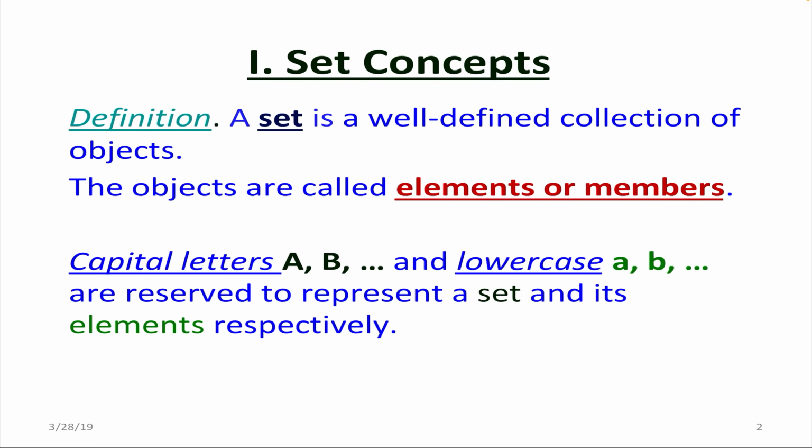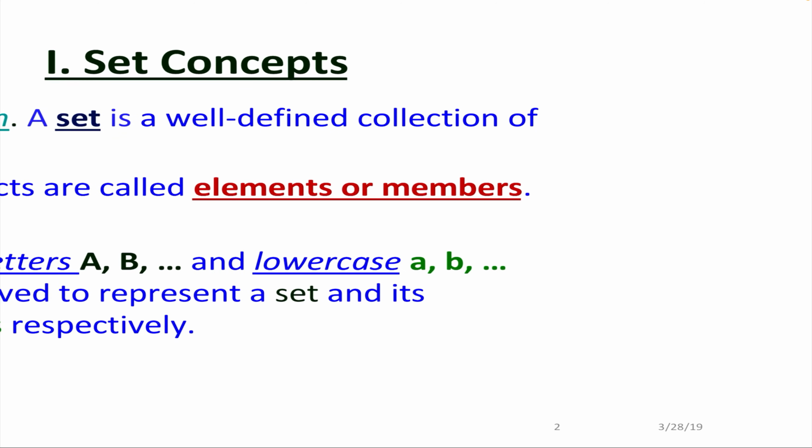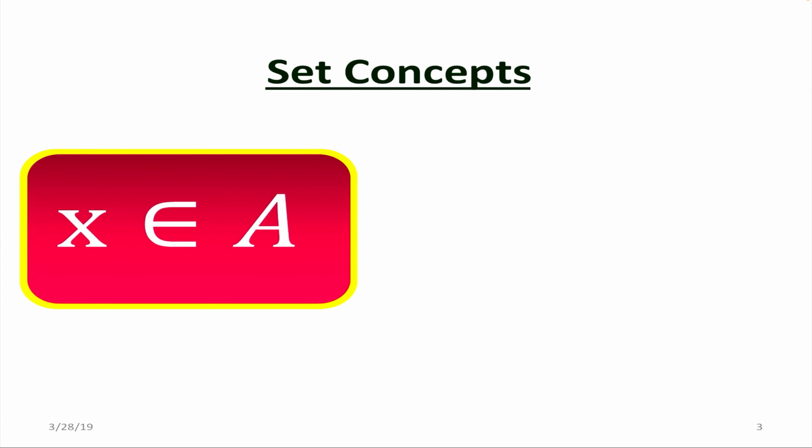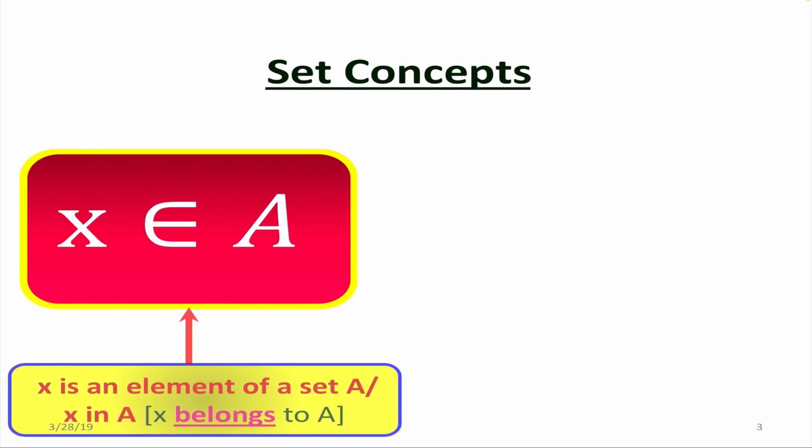And we are going to use capital letters A, B, and so on, and lowercase a, b, and so on to represent a set and its elements respectively. Now, this notation simply means that the element x is in a set A, or in other words, x belongs to A. Now, this Greek letter epsilon between x and A expresses the relationship, the membership between x and A. So that's just a symbol.